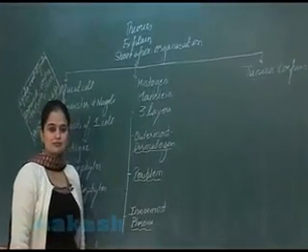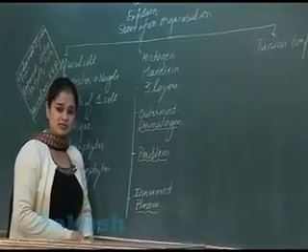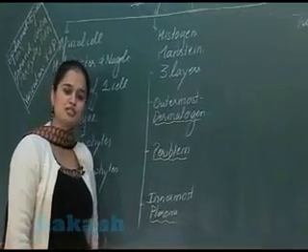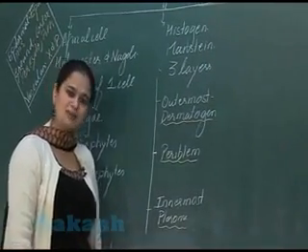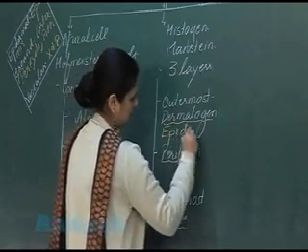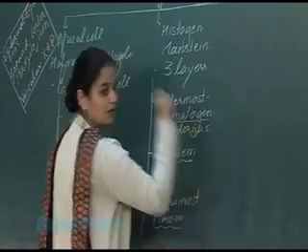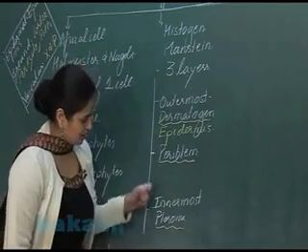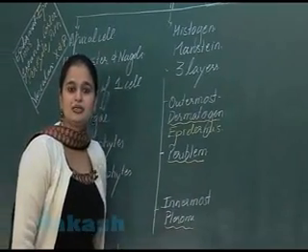Dermatogen. You can simply guess dermatogen. It is the outermost layer. So which tissue will it be forming? Epidermis. It is involved in the formation of epidermis. Now the plerome we can see here.